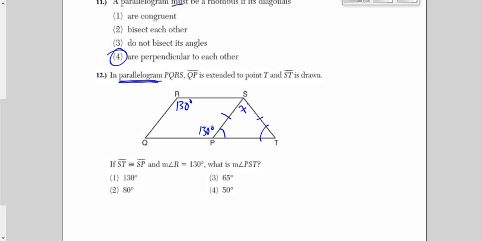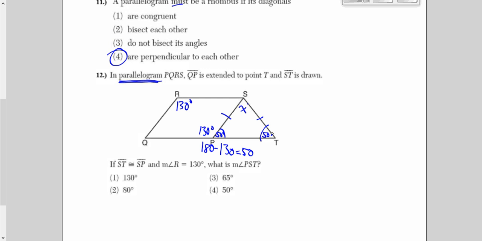Let's see if you can work this out now. Everybody's kind of on the right path here. How do we find this angle right here, guys? 180 minus 130, right? Gives us 50. So this is 50. What's this angle? 50 degrees. We can find X, can't we?